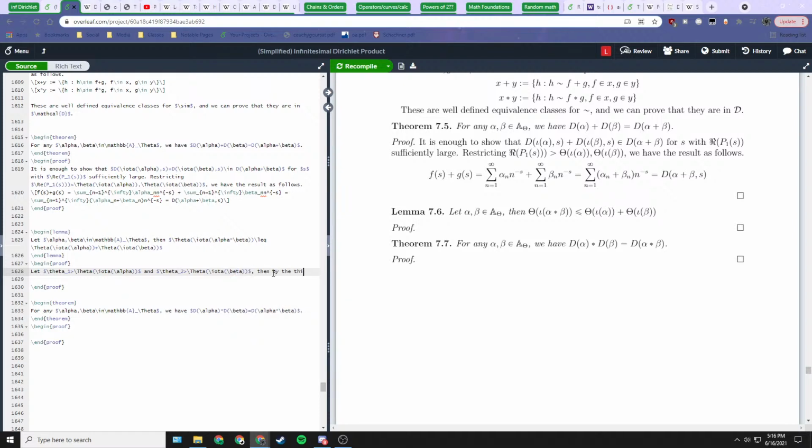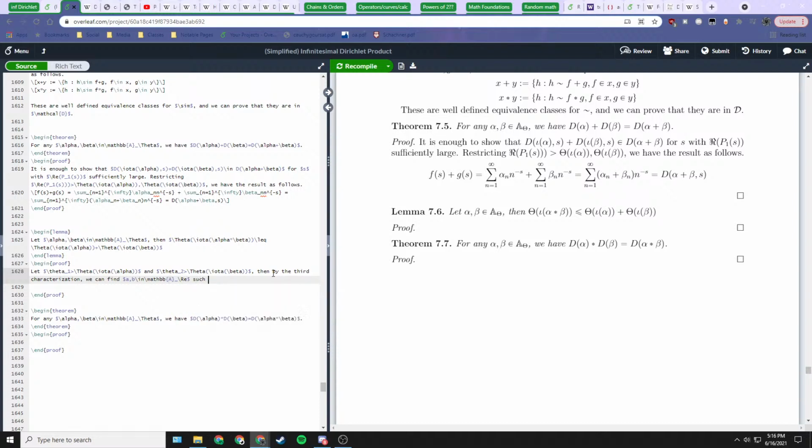Then by the third characterization, we can find A, B such that we have the absolute value of P sub n of beta is less than or equal to, actually these don't even need to be in the reals, they can just be in the complex numbers.